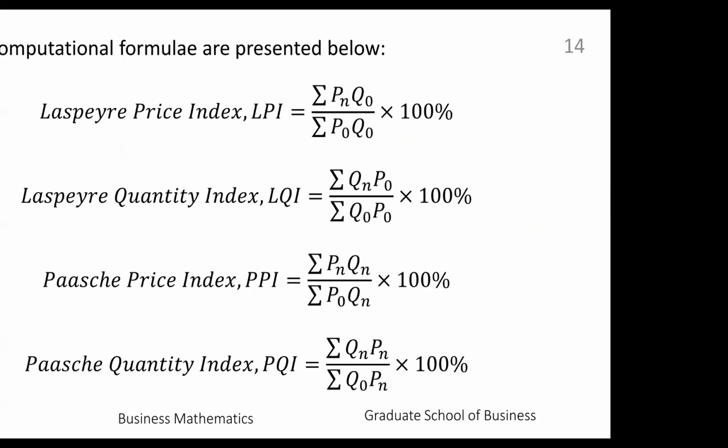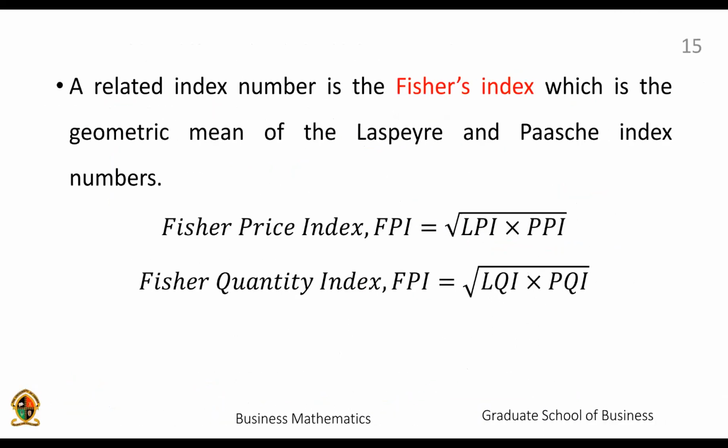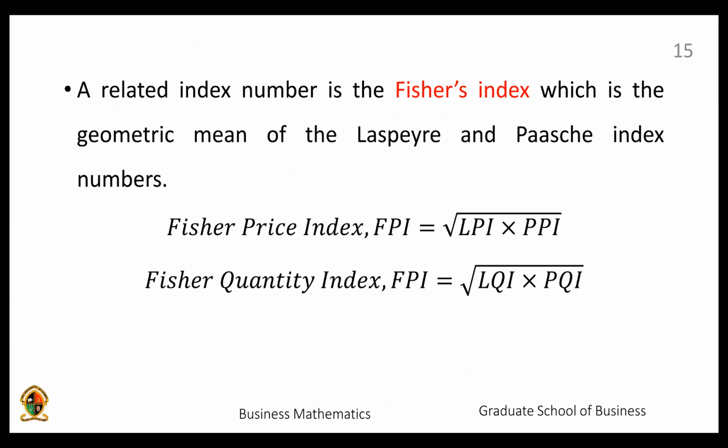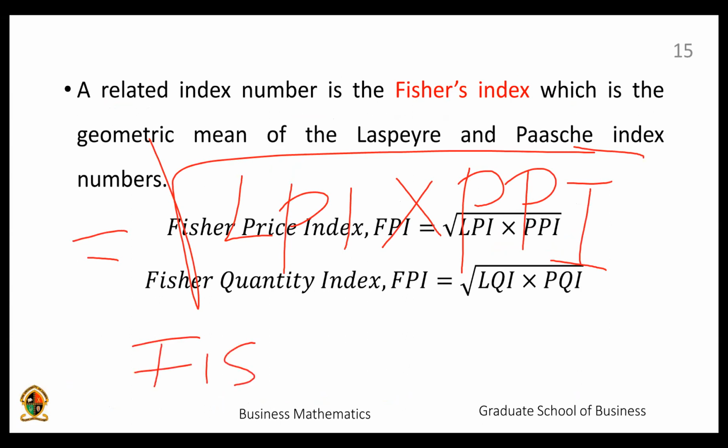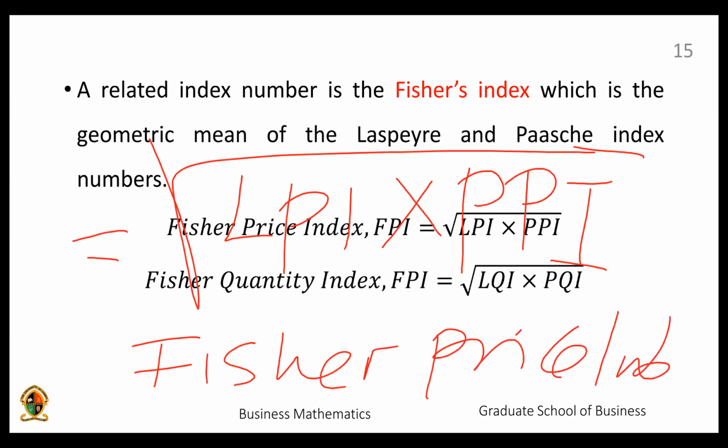Having said all that, the Fisher's index is actually the square root of the two indices. You take the square root of the last year's price index times the per share price index, and that gives us the Fisher's price index.